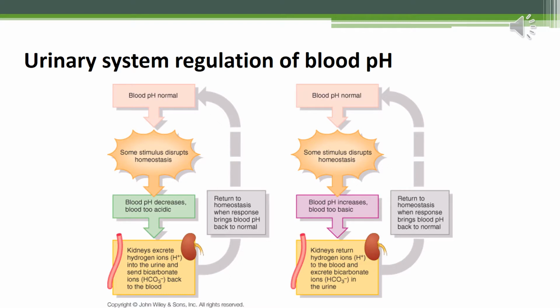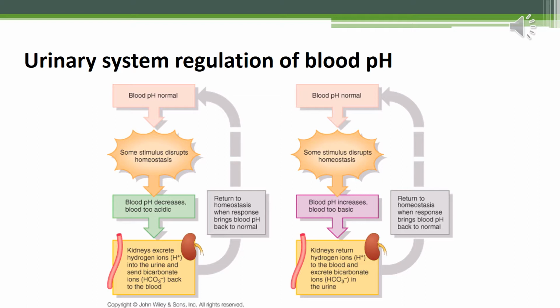Here's another feedback system of the urinary system, and this is the feedback system related to the regulation of blood pH. And these are also negative feedback systems, though keep in mind that the actual process of urination is a positive feedback system. But anyway, these diagrams are actually pretty similar. So the one at the left, the stimulus which disrupts blood homeostasis is that the blood pH decreases and the blood becomes too acidic.